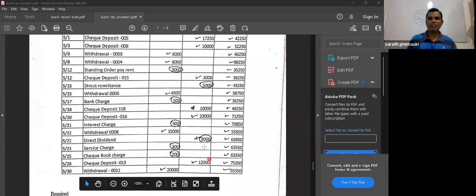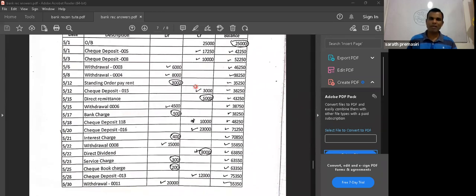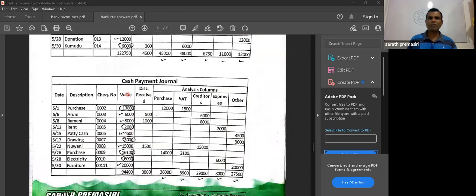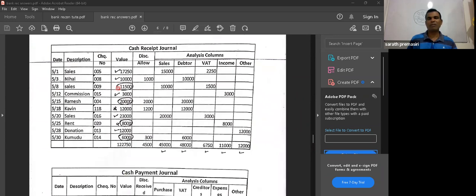These are tallied when we compare with the values of the cash receipt journal. And then you can find some items which are not equal or not tallied with the bank statement. Now see whether you have got that value.